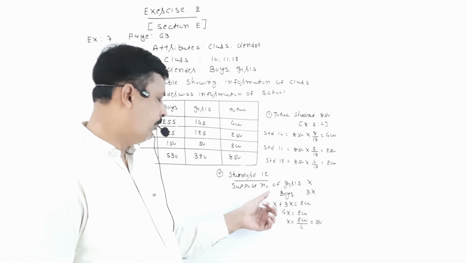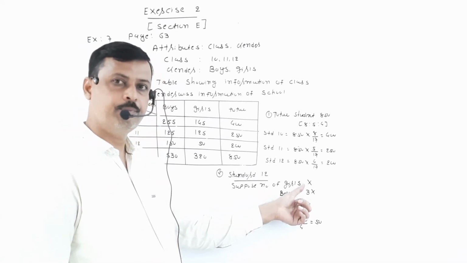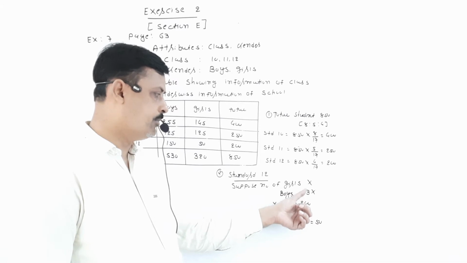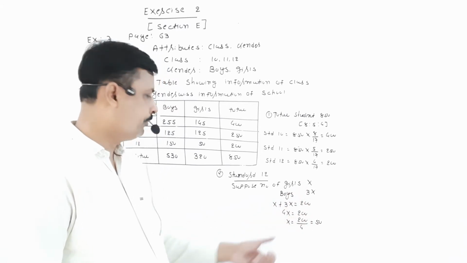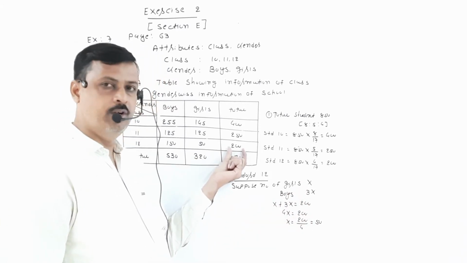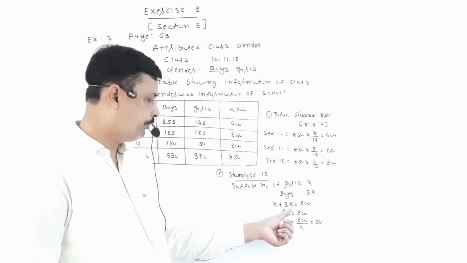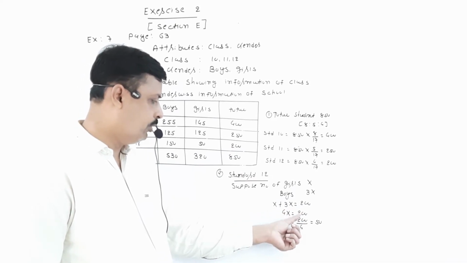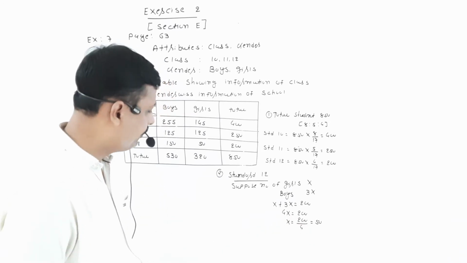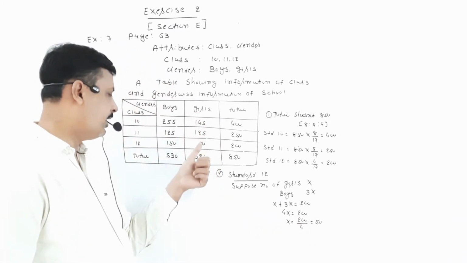So suppose number of girls is x and boys is 3x, total students 200. So x plus 3x is equal to 200, 4x is equal to 200, so x is equal to 50. So girls in standard 12 are 50.